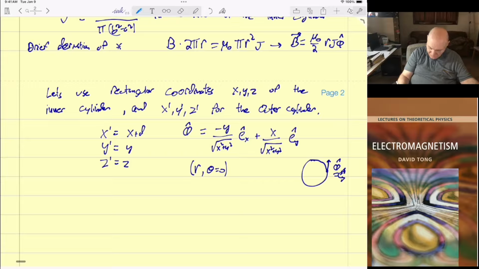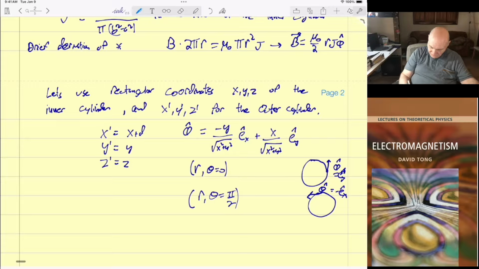Let's see if it works. Here y is 0, so this term goes away, and x is just r, the same as in the denominator, so it's e_y, which is correct. And then if you take r comma theta equal to pi over 2, we're over here, so we should get phi hat equals minus e_x.